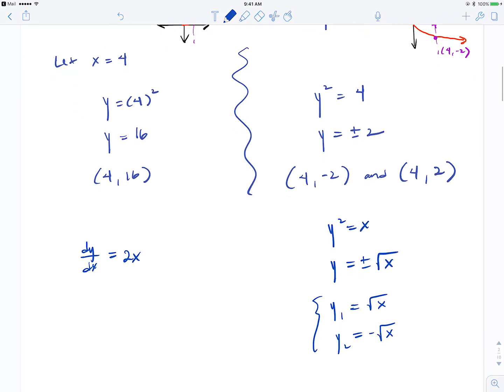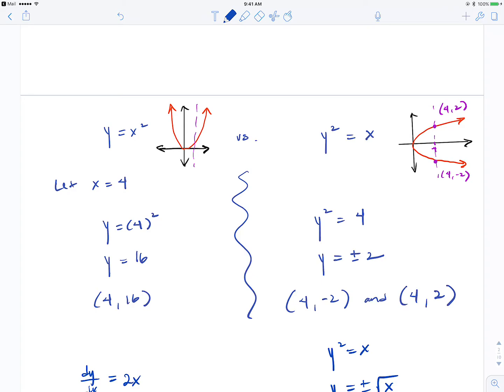We can see down here when we get y equals plus or minus the square root of x that y cannot be defined explicitly in terms of x, which basically means we cannot get y by itself on one side of the equation and have it be defined in terms of x as one equation.